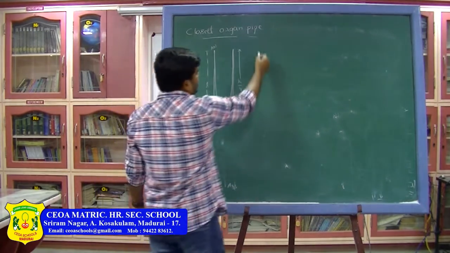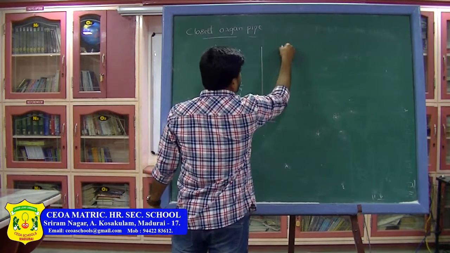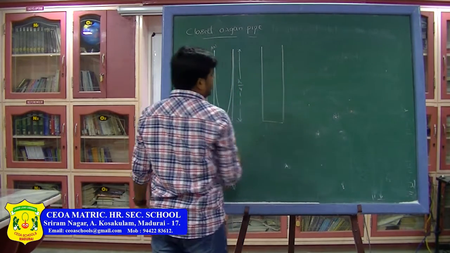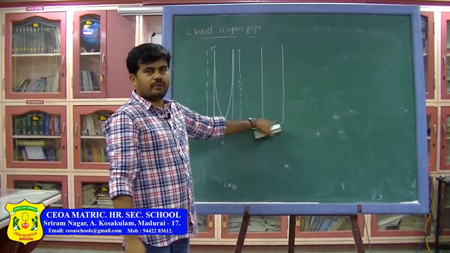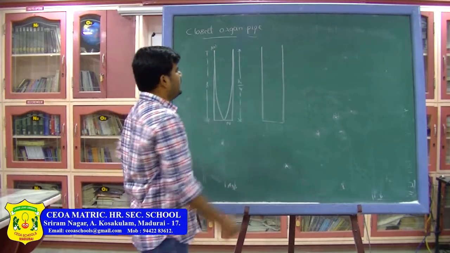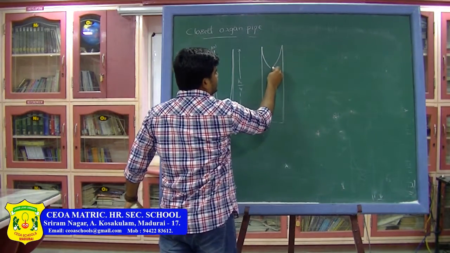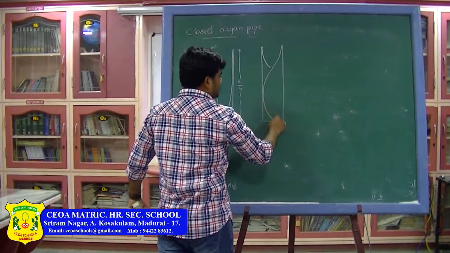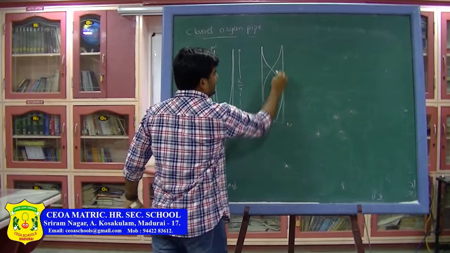And in its second mode, if the total length of the air column is vibrating like this, again we must get an antinode at the open end and a node at the closed end. So, for that the next possible vibration of air column is like this. So, antinode and again a node at the closed end. See, this is a node and the next node.